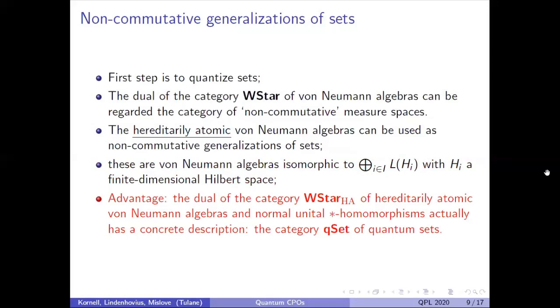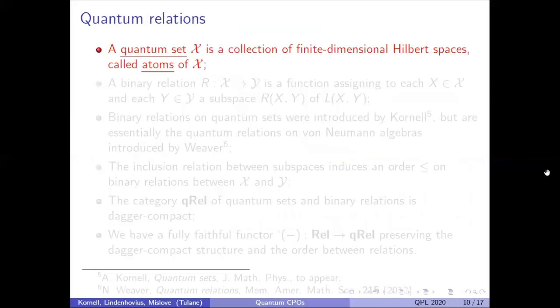And the nice thing about this category of W-star hereditarily atomic von Neumann algebras is that its dual has a concrete description, and this is the category of quantum sets. Quantum sets were introduced by André Kornell, and a quantum set is basically a collection of finite dimensional Hilbert spaces, and the Hilbert spaces are called the atoms of X.